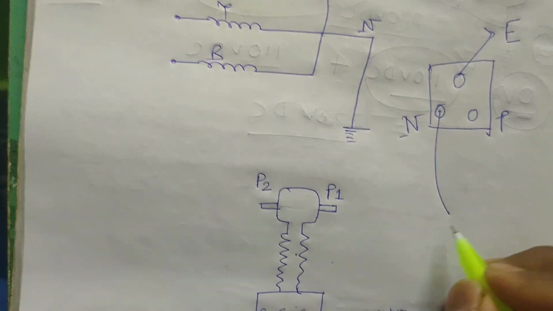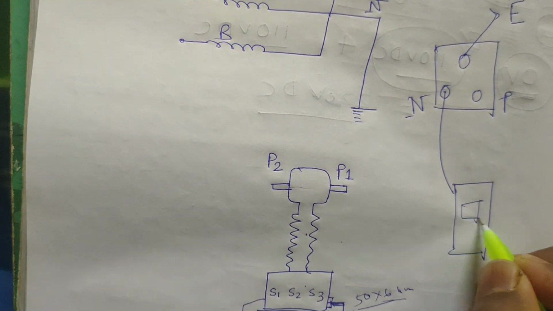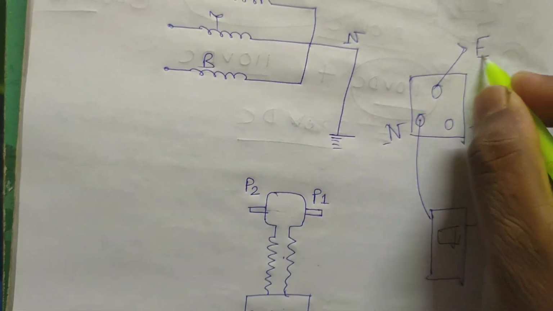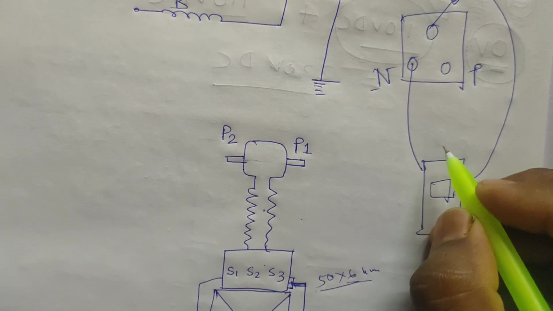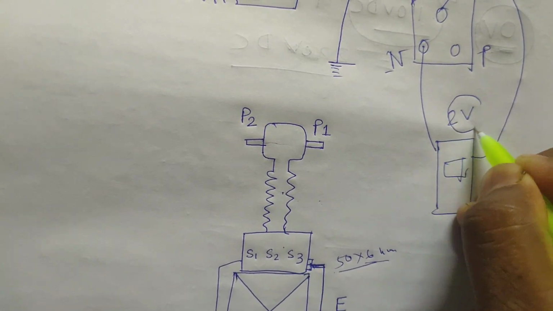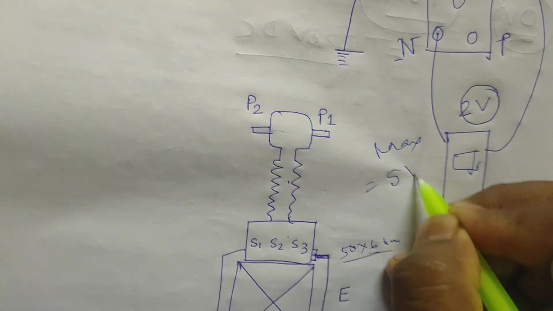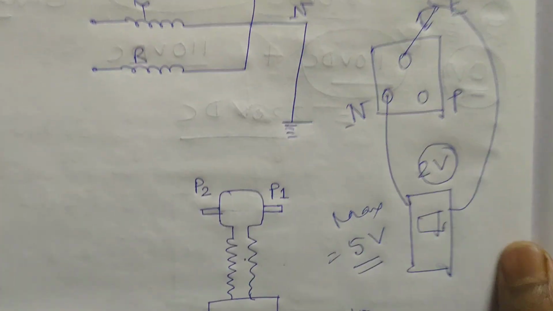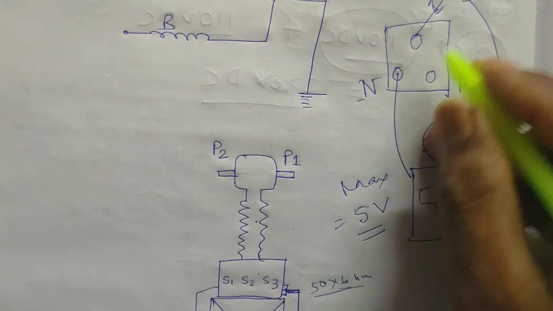If you measure the voltage between the neutral point and the earth point of your home, you will get approximately 2 volt or maximum 5 volt, because you are getting the zero in your home.